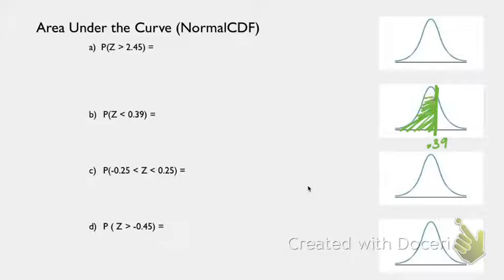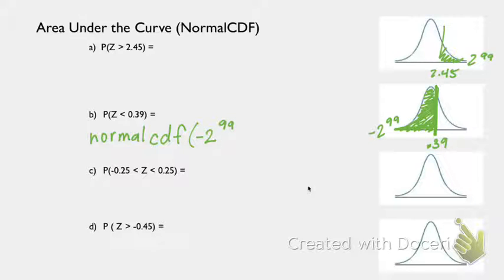So now my lower bound is going to be negative infinity, whereas up here, the upper bound was positive infinity. So I'm going to go back to normal CDF. Now my lower bound is negative infinity, so I'm going to say negative 2 to the 99th.